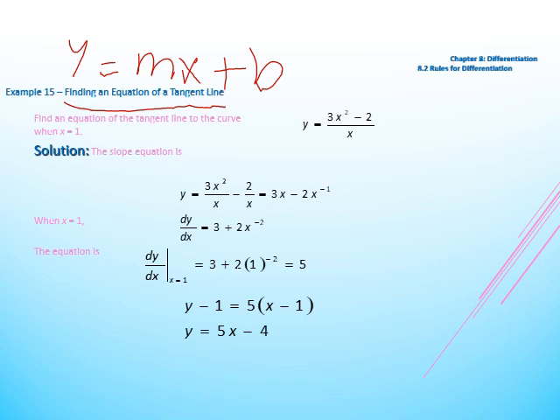As mentioned in the previous slides, we have a tangent line and a curve, and the tangent line touches this curve at a point, and the slope of the line is equal to m. If we ask about the equation of a tangent line, we want the standard form equation that has the variables x, y, and m.